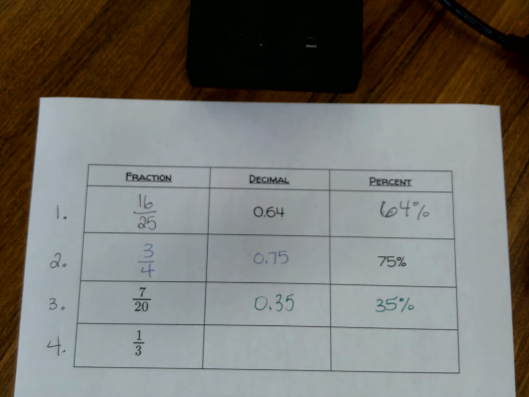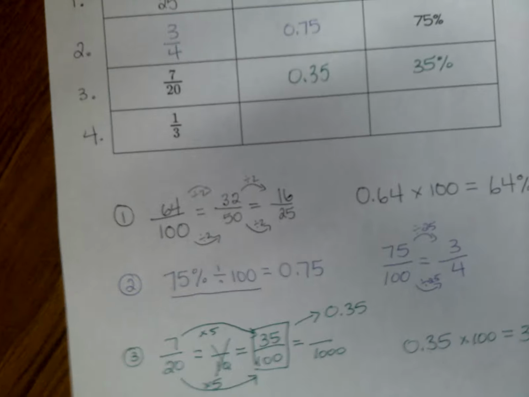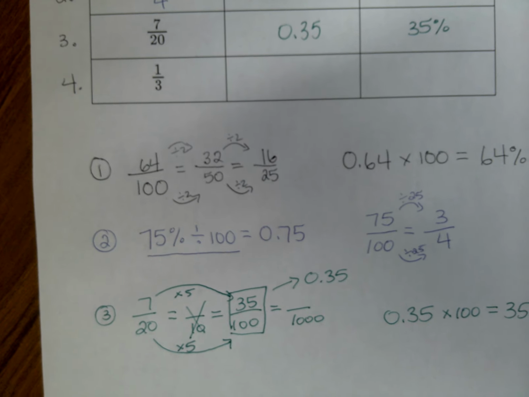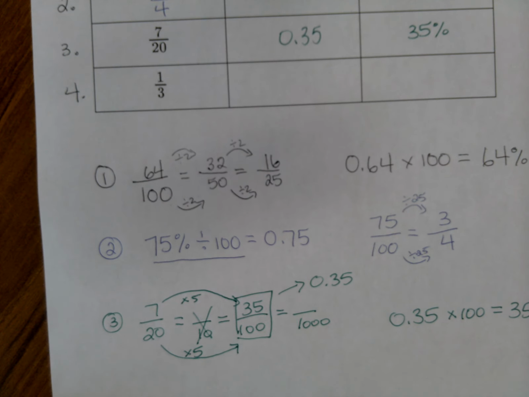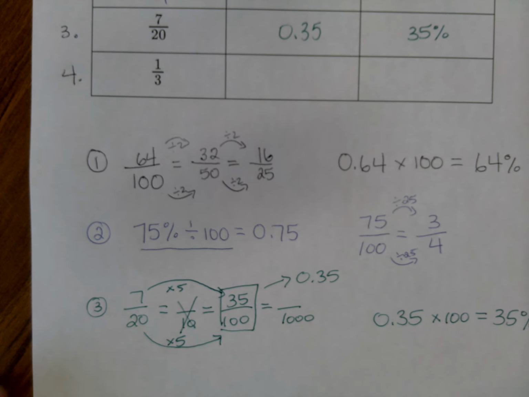So if you recall, when we were converting 7/20ths, we used equivalent fractions. I used hundredths, so I converted 7/20ths to 35 hundredths in order to then change that into the decimal form, 0.35 or 35 hundredths.